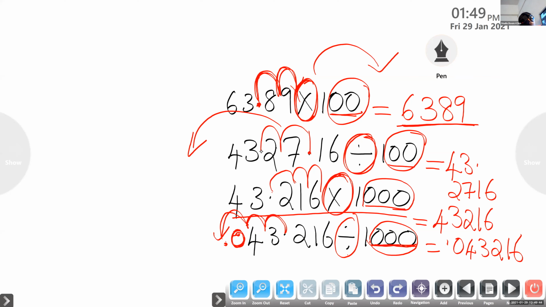So here 43.2716. And when you multiply it by 1000, move to the right side by 3 digits, 1, 2, 3. So the answer is 43216. Same question, you want to divide by 1000. So you have to move to the left side by 3 digits. So here this decimal point, 1, 2, 3. Here there is no number, so you'll put a 0. 0.043216.